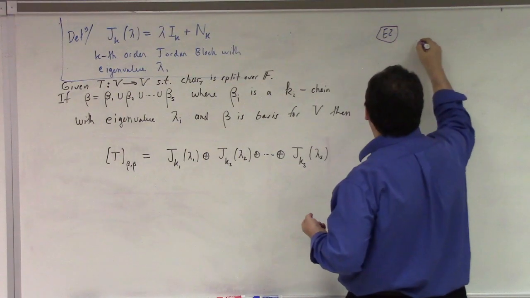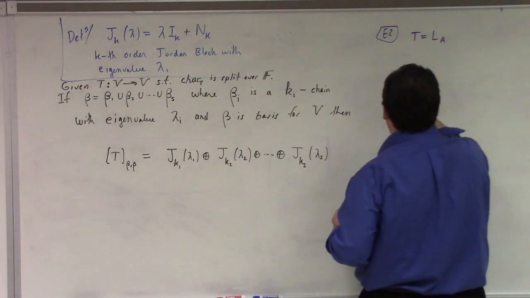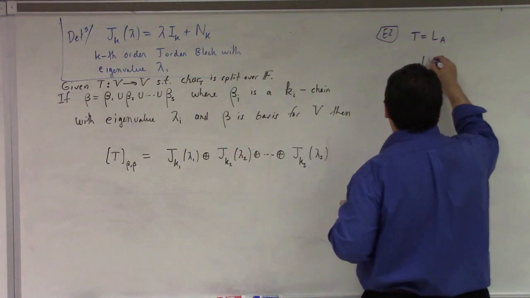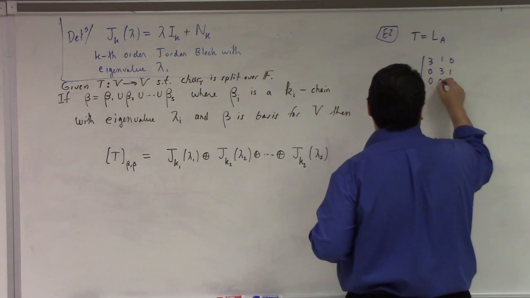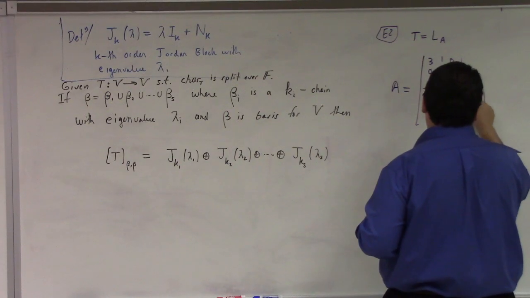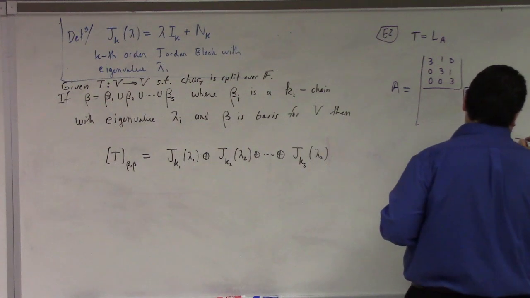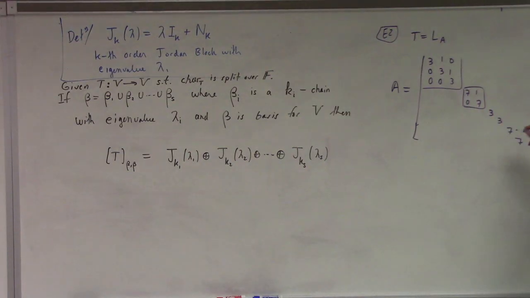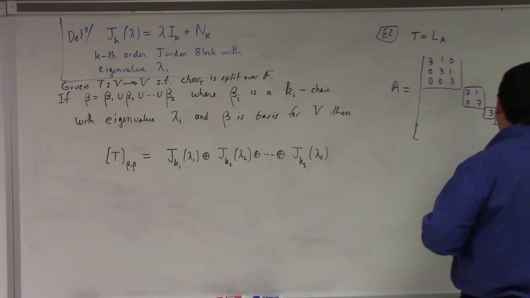So example 2: we could have T be the linear transformation that's left multiplication by A, with A equal to 3, 3, 3 with 1s above the diagonal, and then 7, 7 with a 1 above the diagonal, and then 3, 3, 7, 7 like that, everything else 0.